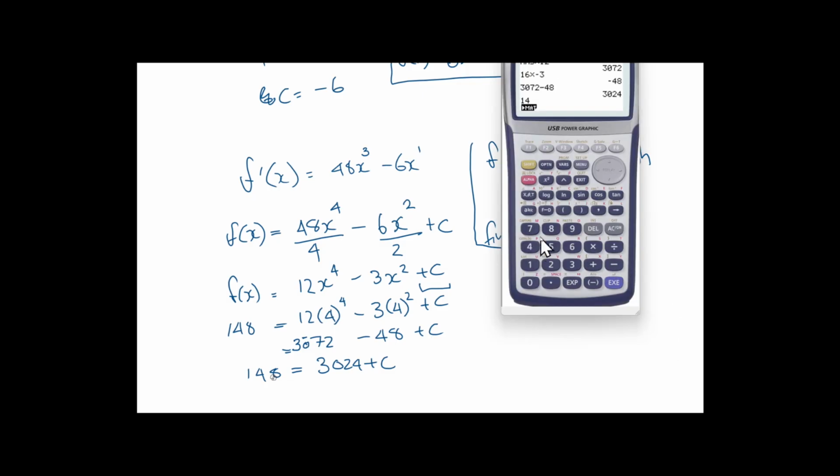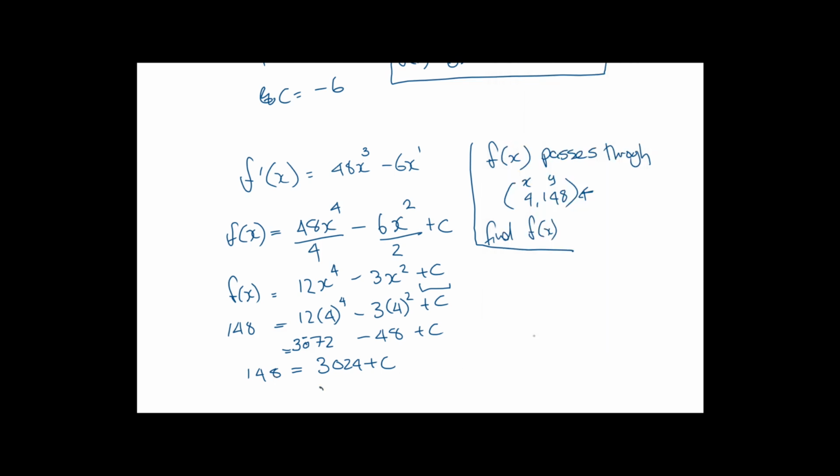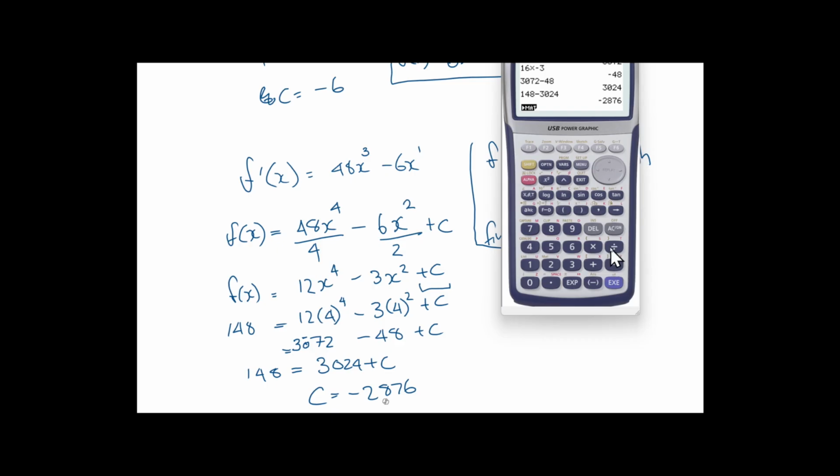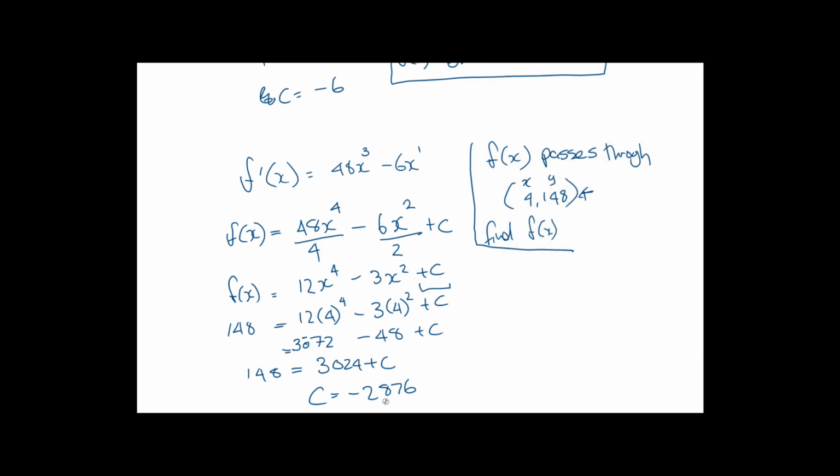So 148 minus 3024 is minus 2876. That is c. So therefore we know that f of x is this beast here.